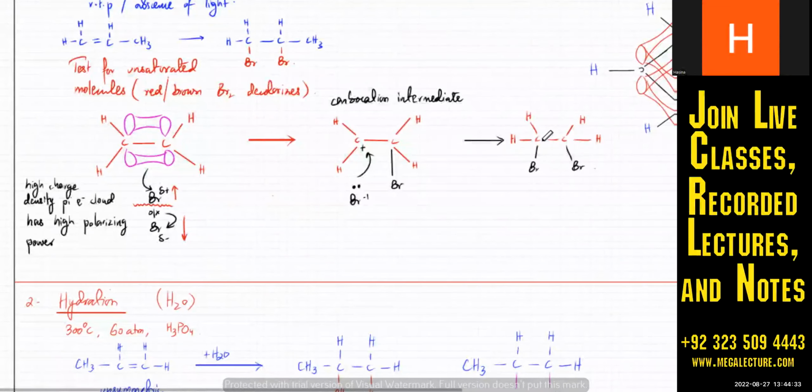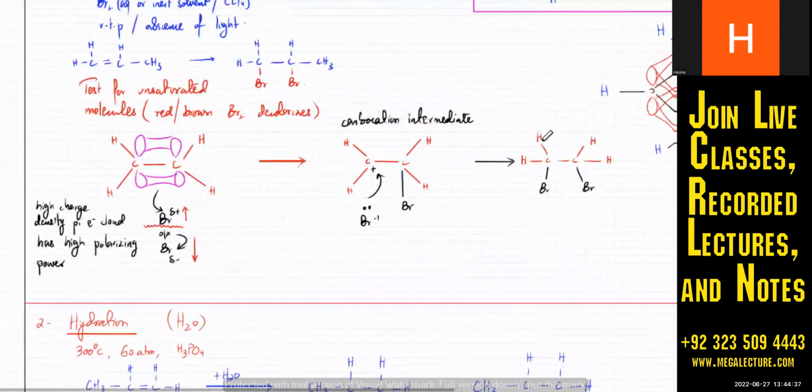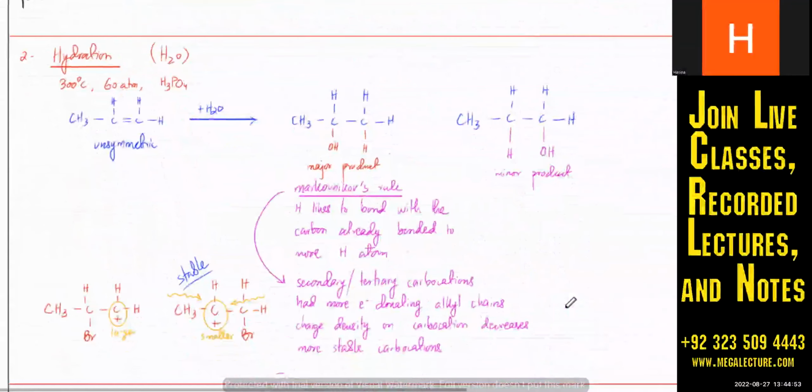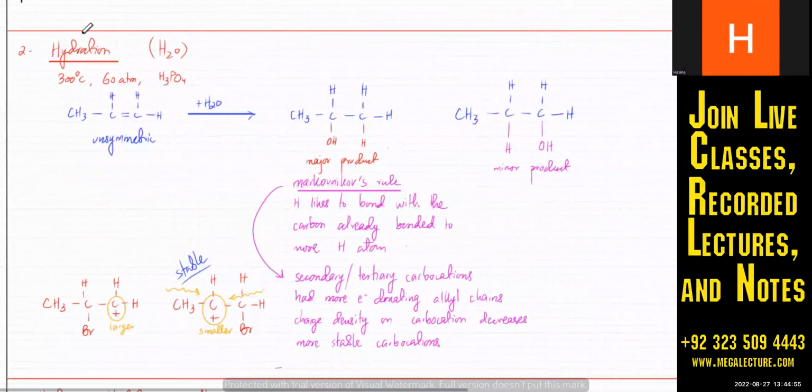Yes, sir. So you had a lot of electrophilic addition reactions. There was bromination, which was this one, that it's used as a test for unsaturated molecules. Red brown bromine or orange bromine becomes decolorized. It happens at room temperature, absence of light. So similarly, you have hydration where water gets added.